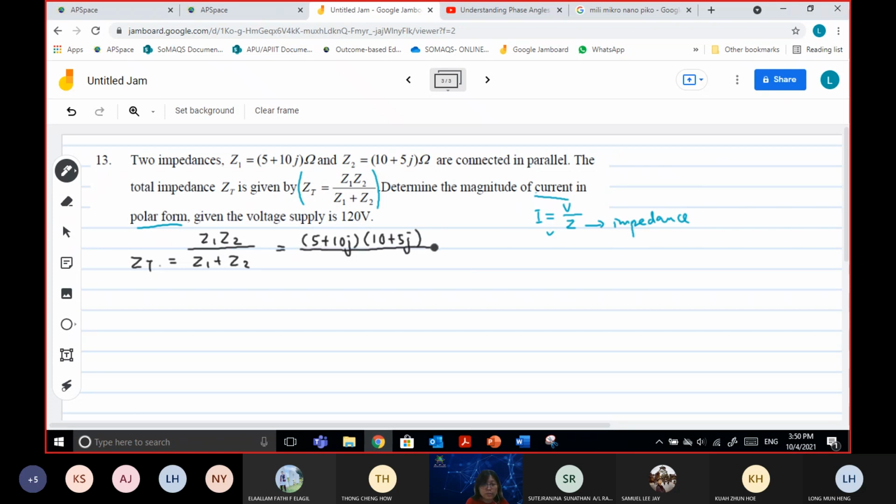Divided by 5 plus 10J plus Z2, which is 10 plus 5J. So now you need to evaluate this one. Guys, can you try this out yourself? Try this out right now. Because we have learned all these things before, how we do the product for complex numbers in the Cartesian form, and how we do the addition. So let's do it now.